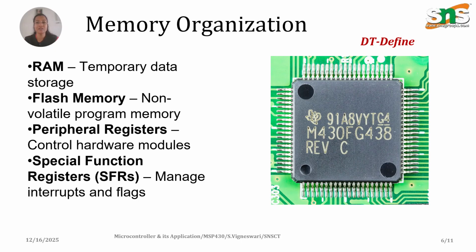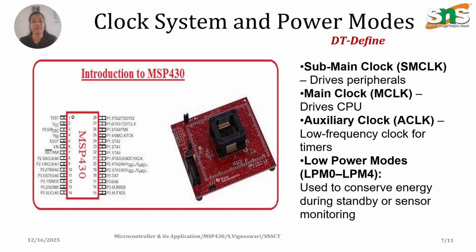Next, the peripheral registers control the hardware modules like timers and analog to digital converters. Special function registers, or as we say SFRs, manage the interrupts and the system flags. This clear separation makes the programming easier and more organized.